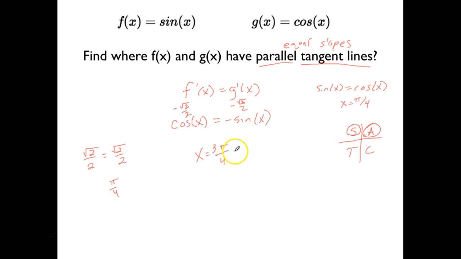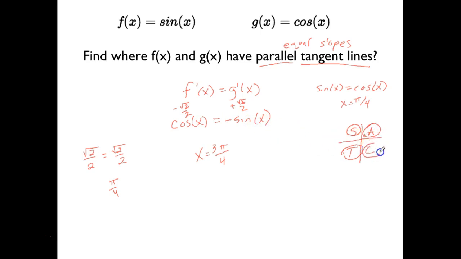Okay? Now let's check if there's any other points where they would be equal. Right here in the third quadrant, where tangent is positive, everything else is negative. Well, if everything was negative, that would make this positive, yeah? And it would make that negative, making them different values.